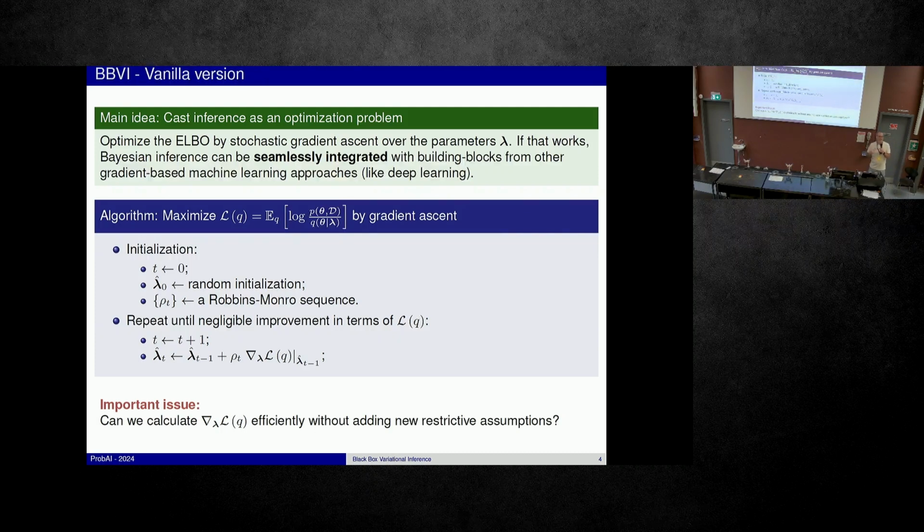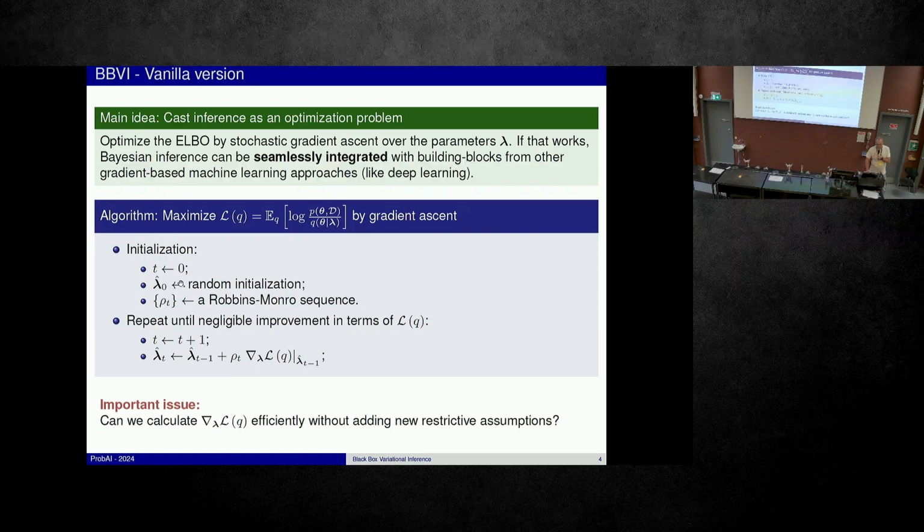We will rather outsource the task of optimizing the ELBO to a gradient-based method, like PyTorch, and then just make sure that the loss function is actually the minus ELBO, and then optimize that way. So that should be possible as long as we can calculate this gradient of the ELBO. So this is then the algorithm that we are looking for.